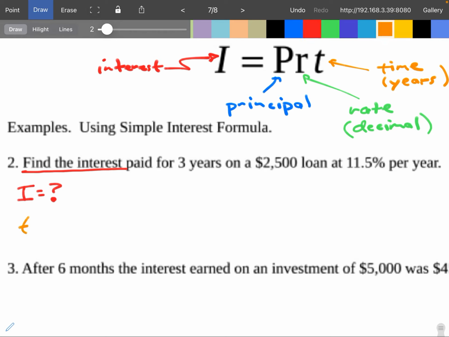They're going to give you 3 of them, and then you're going to find the missing one. So let's see what else we got here. The time is 3 years, so the T is 3. And then the principal, that's the amount you start with, so the principal is the 2,500. That's the P.